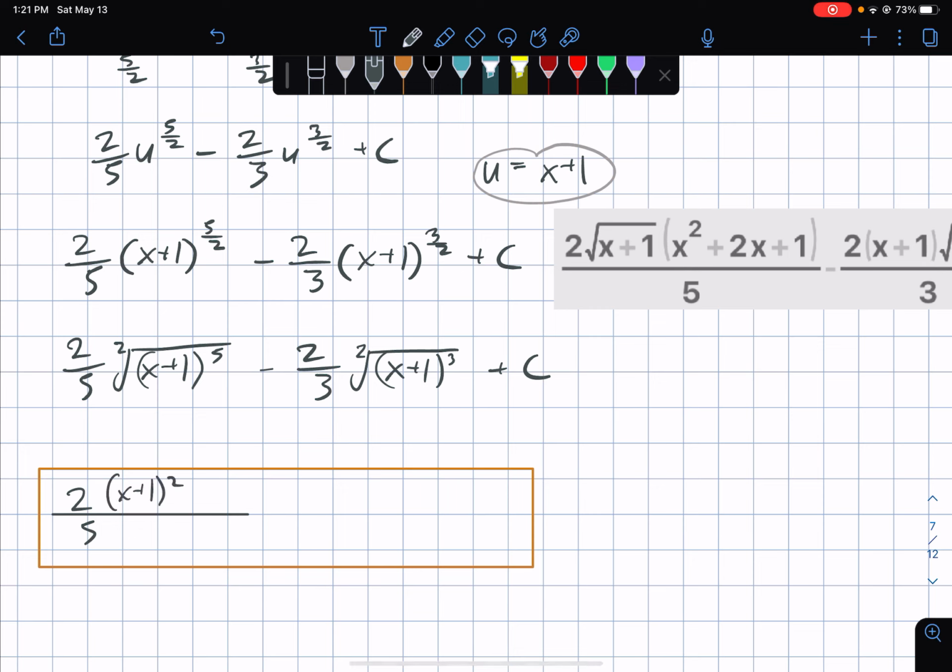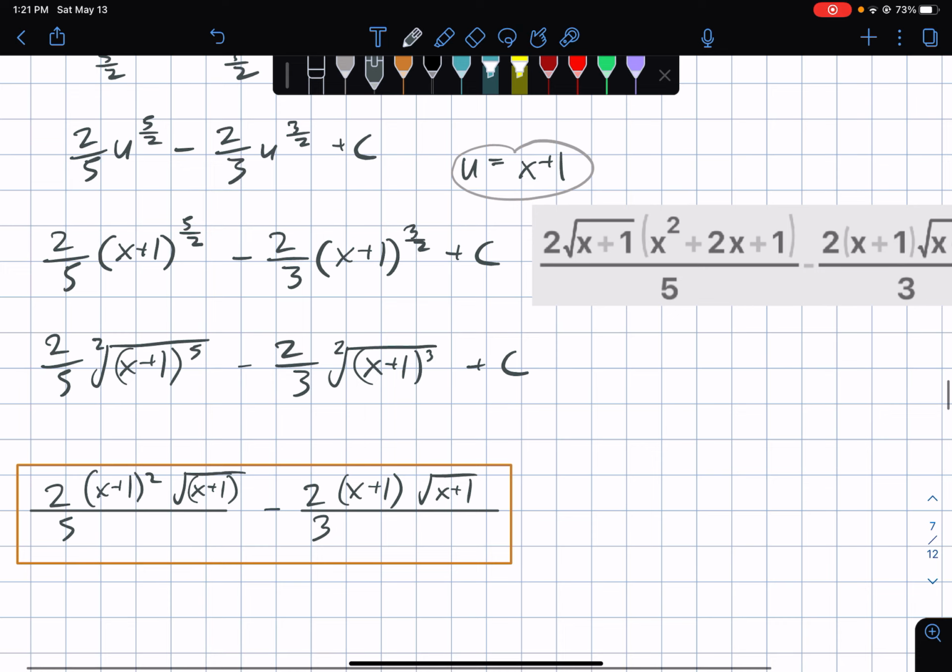X plus 1 raised to 2, and then there's gonna be just an x plus 1 here trapped inside, and the other one would be 2 over 3. There's gonna be an x plus 1 and an x plus 1 inside, and then a plus c, of course.